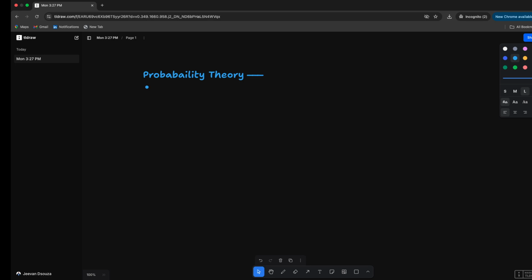One of them was Thomas Bayes, who gave us the Bayes theorem. Then you had Pierre Simon Laplace, and then you have Carl Gauss. These are all scientists who developed some good theories.